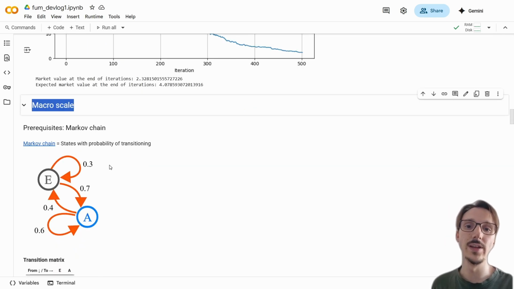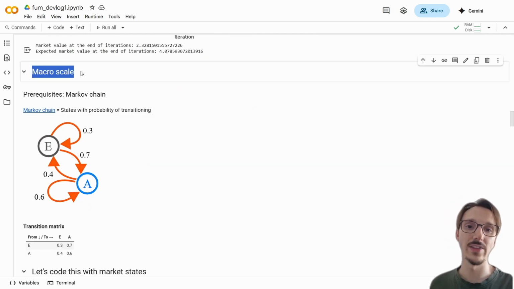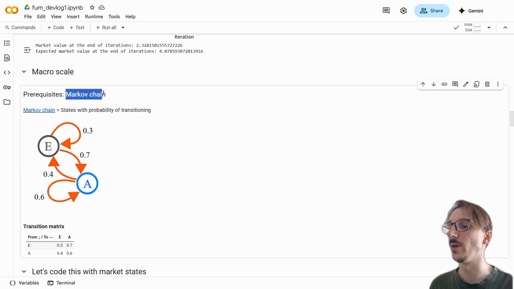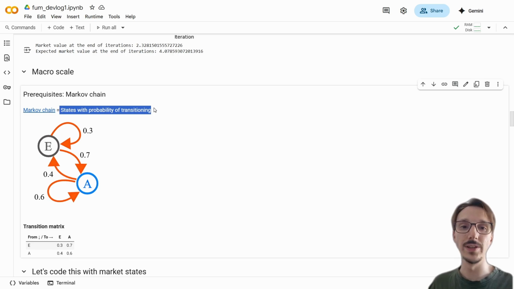As for the micro scale, there is some math to know about, which is the Markov chain. Don't worry, it's not that complicated. A Markov chain is just a set of states with probabilities of transitioning from one state to another.